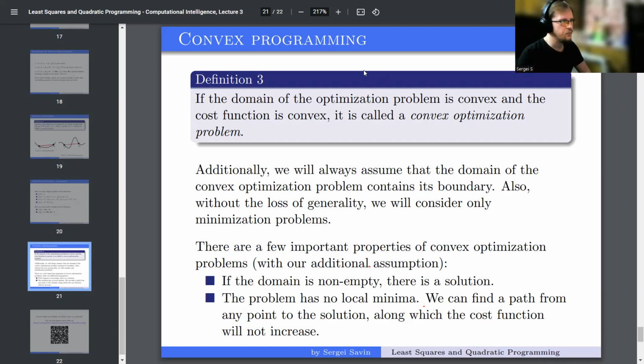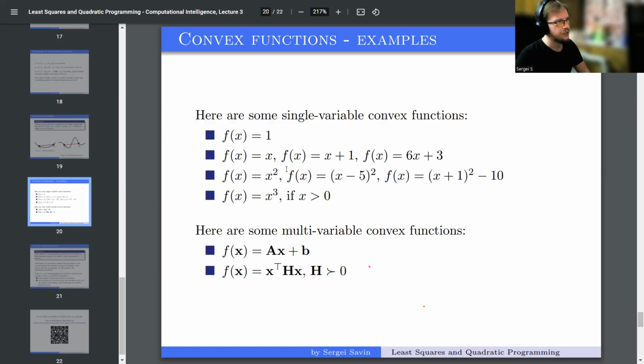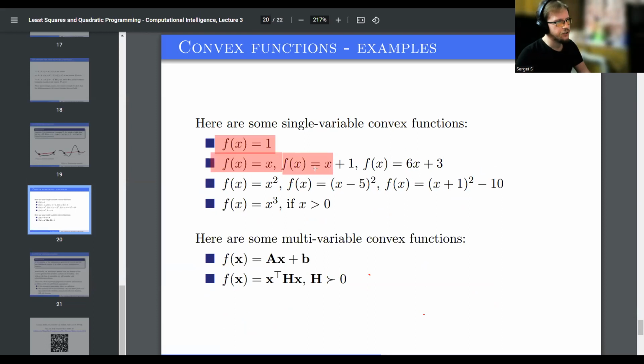So, for example, typical convex solvers will allow you to use this function, this function, this function, this function, this function, this, and this. All of those will be allowed. A typical solver will deny you this function.